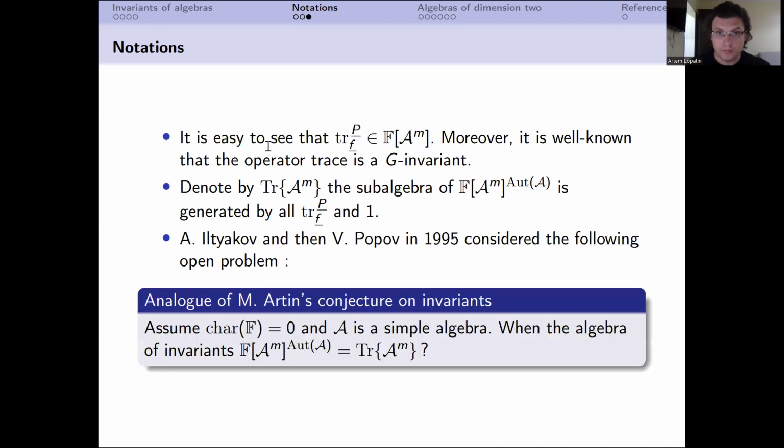And so here, first remark, it's not very difficult to see that the trace, which is obtained this way, is actually a polynomial function. It's a polynomial function, so it's an element from the coordinate ring. And then it is also not very difficult to verify that actually it's G-invariant. I am, of course, not giving the proof of this statement.